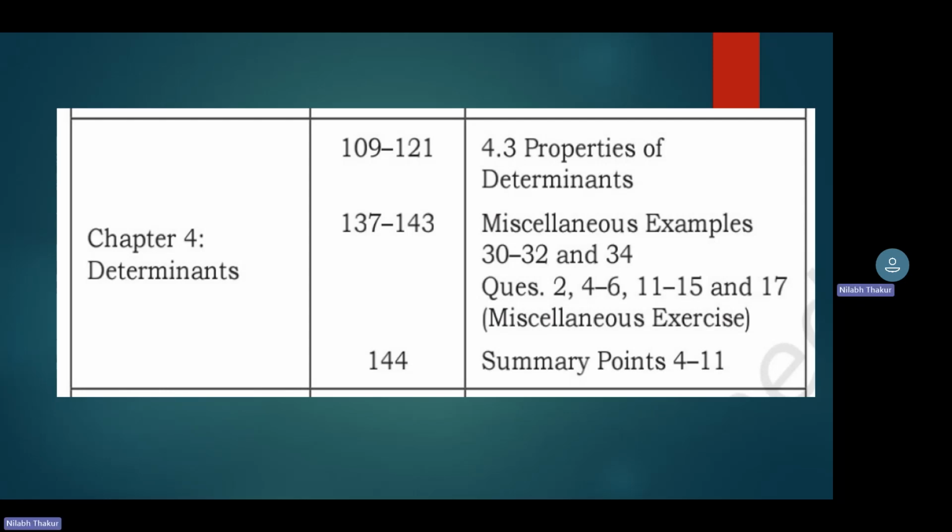From the miscellaneous exercise, question number 2, 4 to 6, 11 to 15 and 17 from page number 137 to 143 you can skip. Summary points 4 to 11 from page number 144, you can skip.